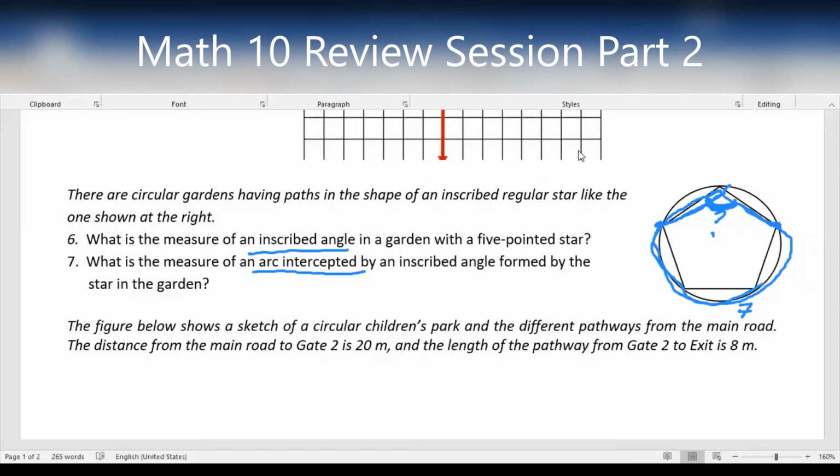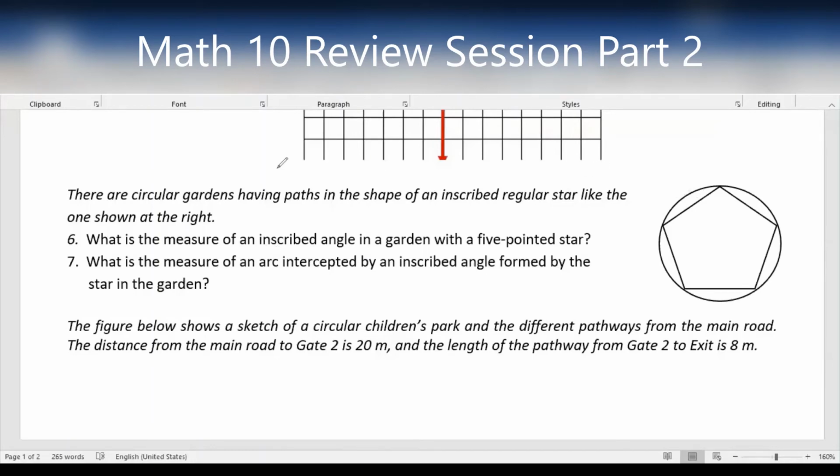Why 108 and 216? Ano po, yung inscribed angles, sa arc po niya is half po siya. And yung arc po ng inscribed angle is equal to 216. So, hinhalf ko po siya.